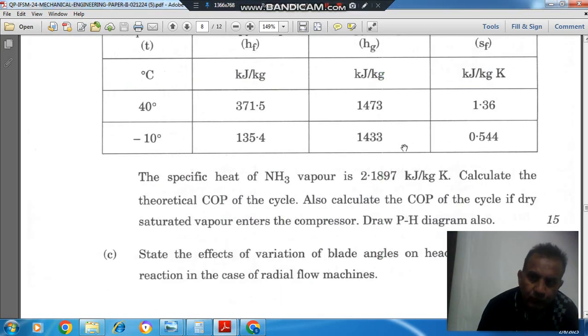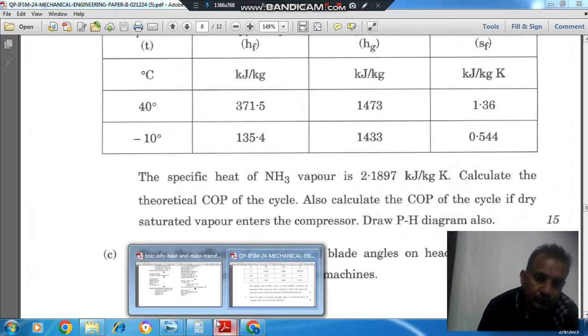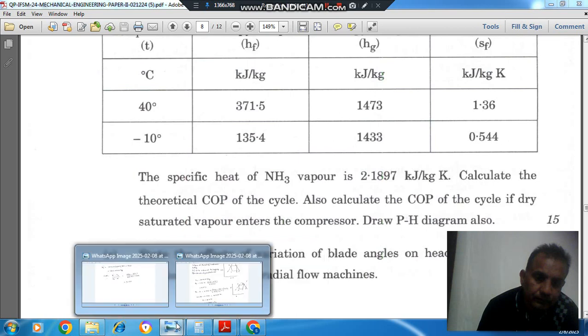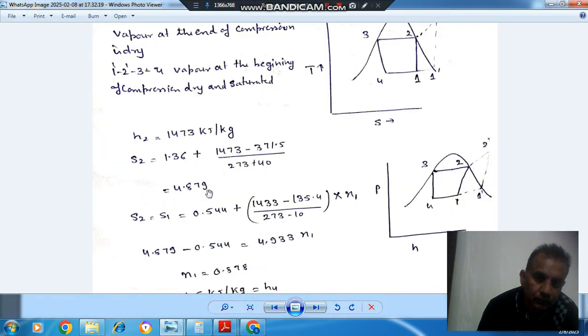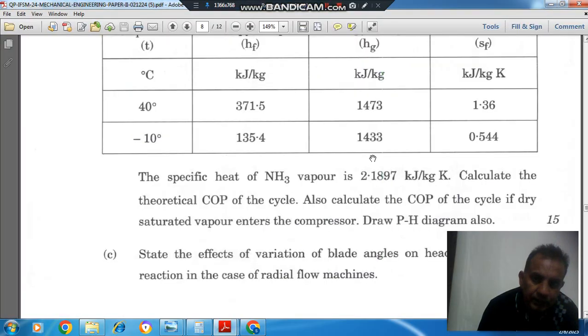Now we have to calculate the dryness fraction corresponding to this entropy, and suppose x1 be the dryness fraction here. Then this whole entropy will be change in enthalpy divided by temperature, and temperature here is minus 10 degrees Celsius, and change in enthalpy here is 1433 minus 135.4.